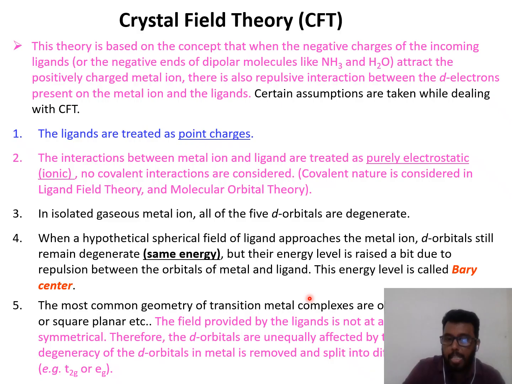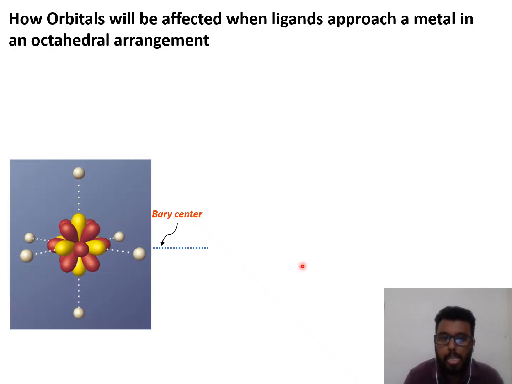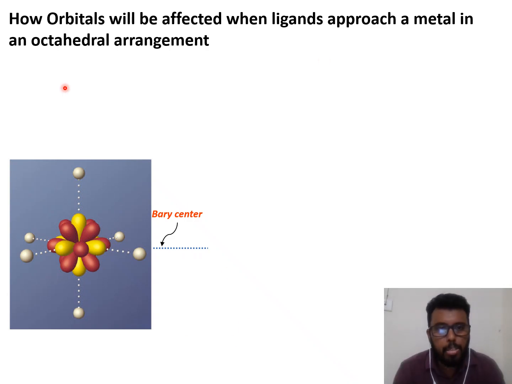The degeneracy of the d orbitals in that metal is removed, and they split into t2g and eg. We will see one after the other. How will orbitals be affected when ligands approach a metal in an octahedral arrangement? Look at this one. This is an octahedral complex.